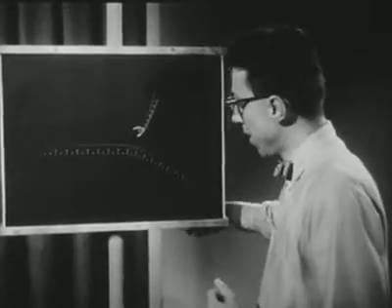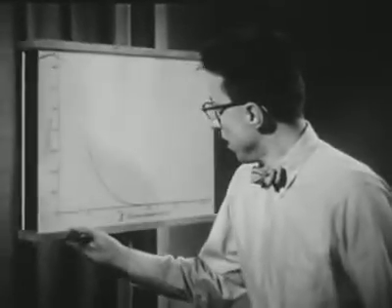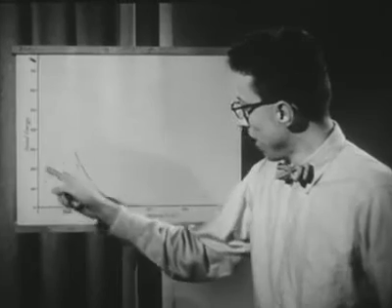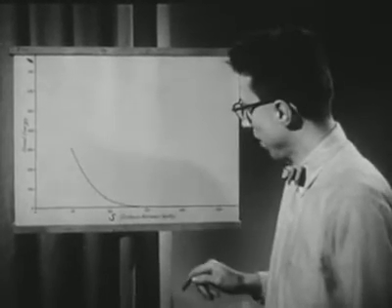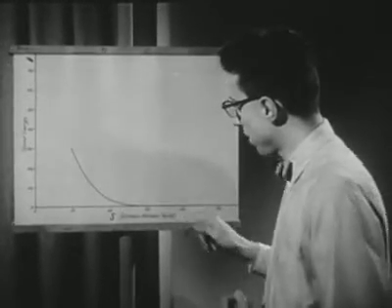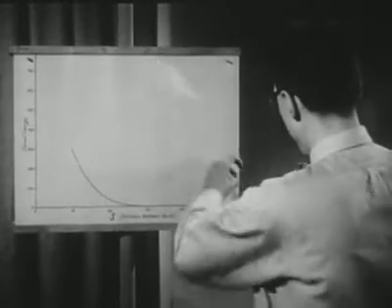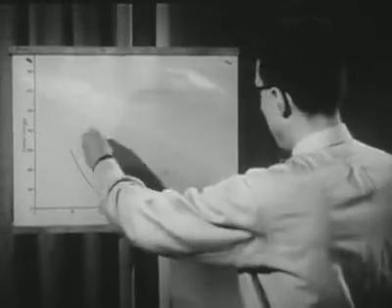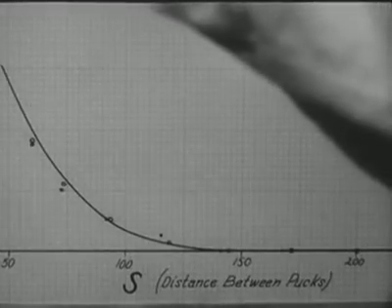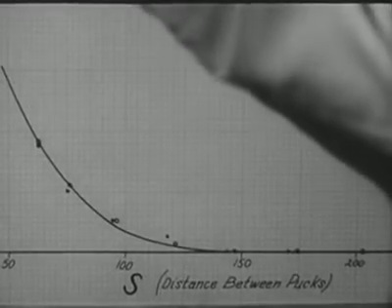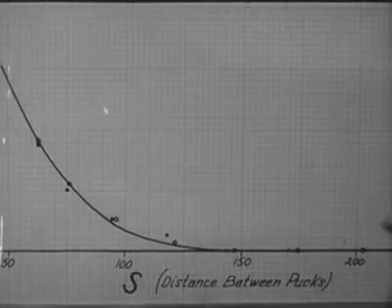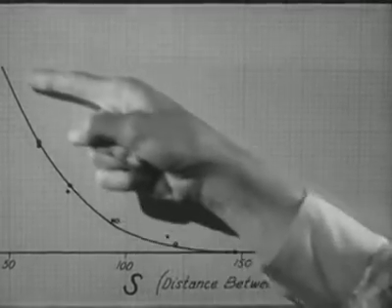You remember in the first collision the curve of stored energy versus distance between the pucks. Now, for this collision, I've plotted that same data on a plastic overlay, and the coordinate system on this overlay is identical to that on the graph. The data for this collision of the magnet pucks lies right along this curve.